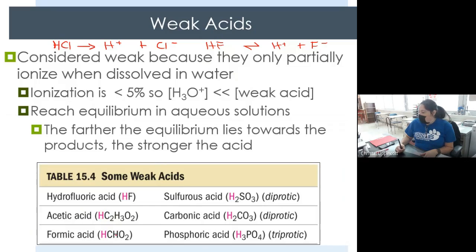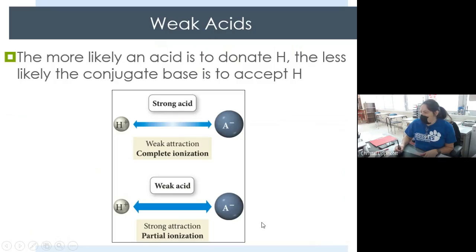Formic acid, certain poisonous ants actually give off in their bites, and that causes irritation. Carbonic acid is actually dissolved in your blood from the carbon dioxide that's in your blood. You actually have some of that dissolved in your blood. So there are different types of weak acids here.